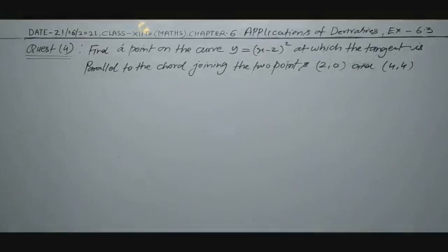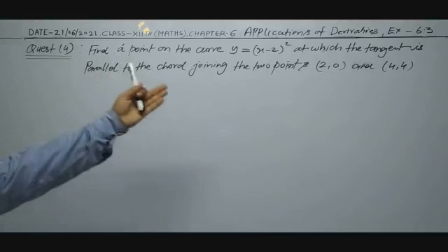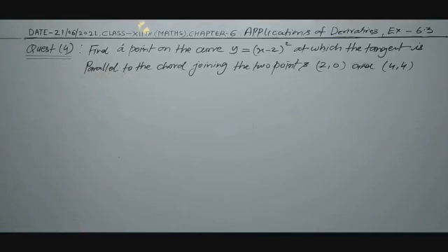So first of all, we have to differentiate the given function. That will be the tangent value, and we have to find the points on the curve through the line joining 2 points, or chord joining 2 points.